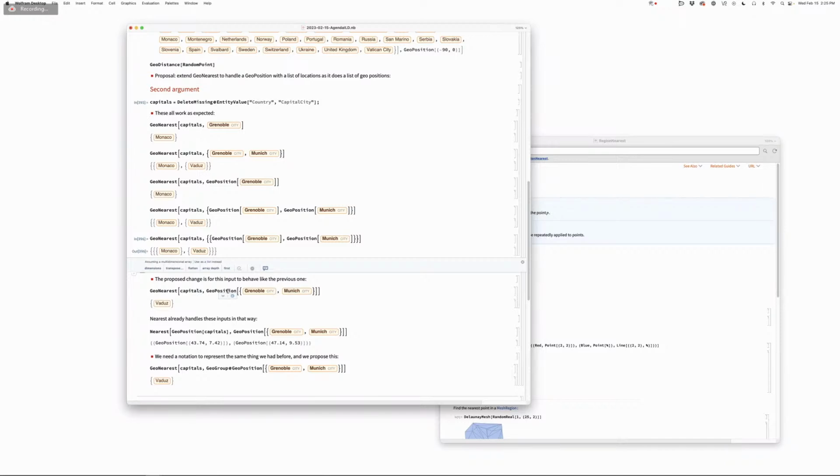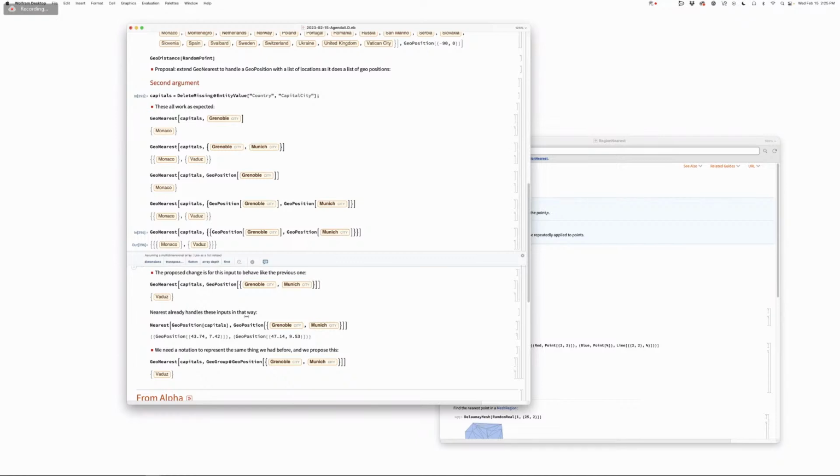Wouldn't it be nice if the autocompleter hinted you something about GeoGroup? Yeah, and I think the most convincing argument is comparing the penultimate and anti-penultimate inputs on the screen. Anti-penultimate, you mean this one here? Correct. So why does that one give one answer and the one below it give 2 answers?